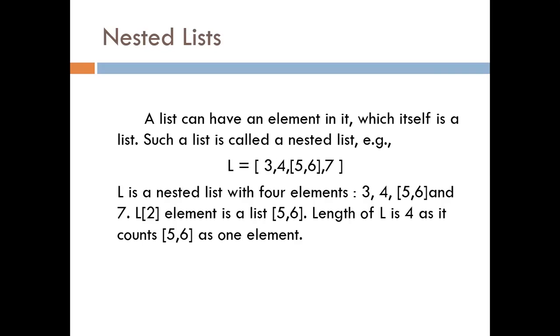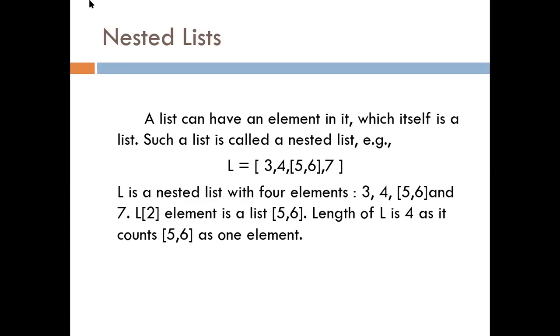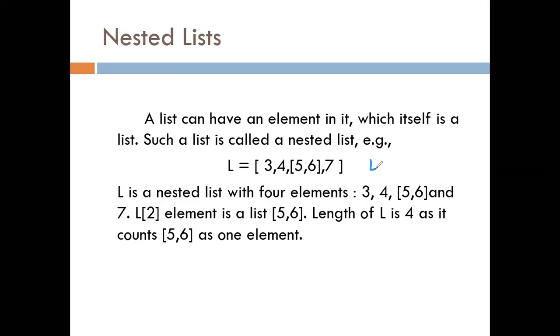Now, a list can have an element in it which in itself can be another list. Such a list is called a nested list. Over here in this example, L is a list with 4 elements. 3, 4, 5 and 6 is one element and 7 is the next element. Just like we used index values in a string, I can say L at, let's say, 0.